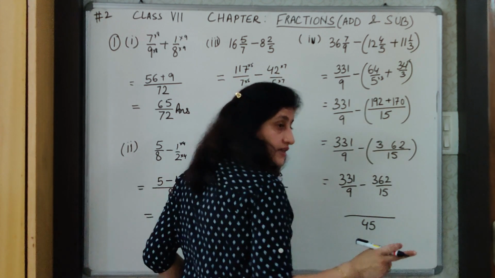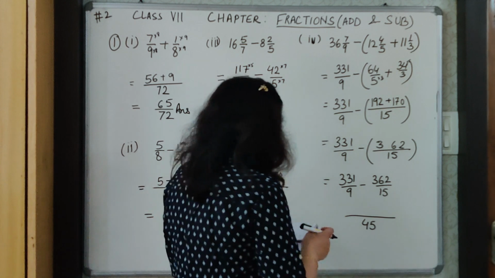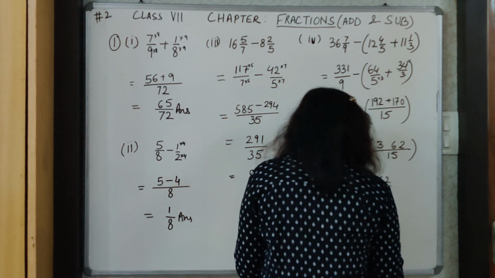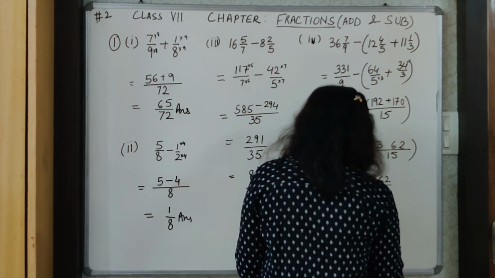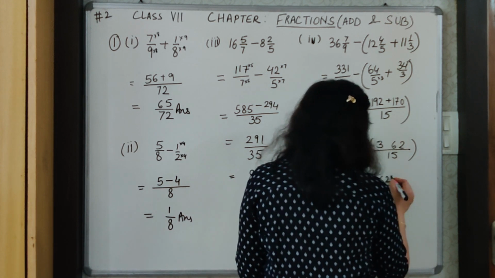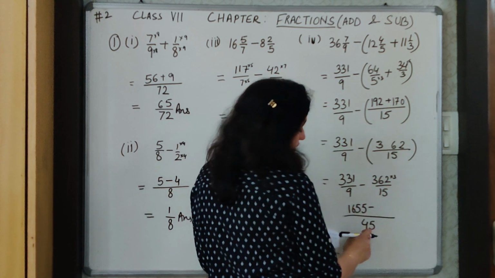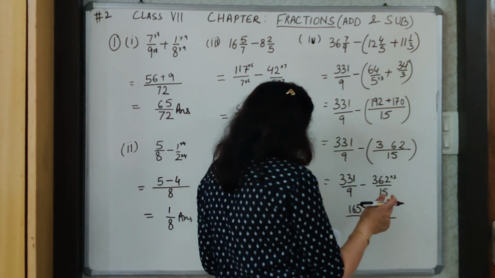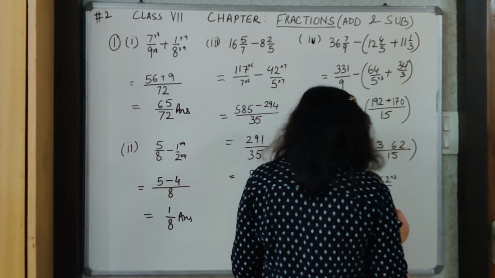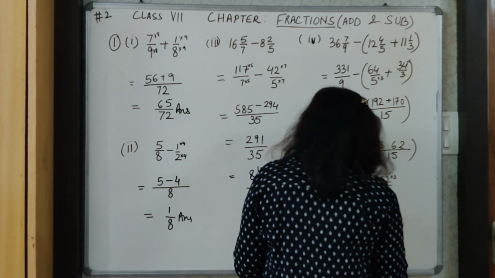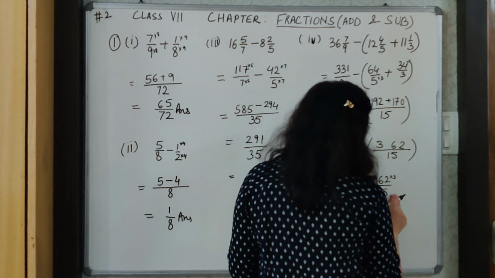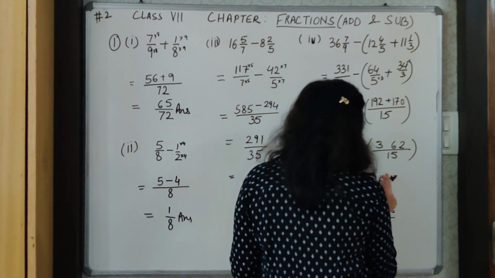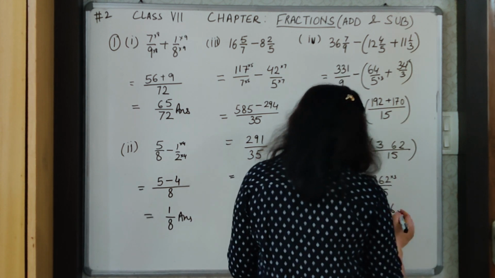45 divided by 9 gives me 5. So I multiply 331 by 5, which gives me 1655 minus 362 multiplied by 3, because 15 will become 45 when we multiply with 3, which gives me 1086. 3 2s are 6, 6 3s are 18, 8 carry 1, 3 3s are 9 and 1, 10.